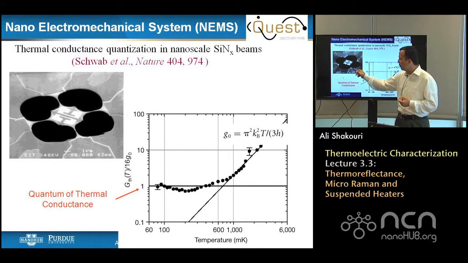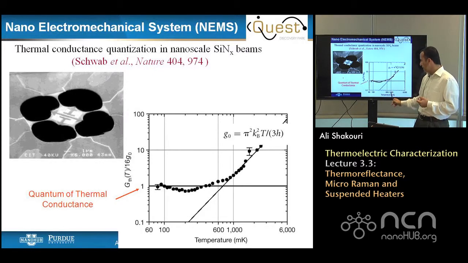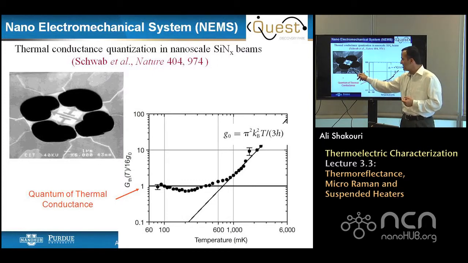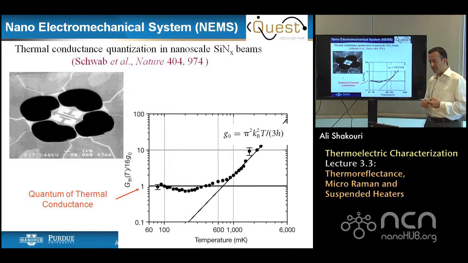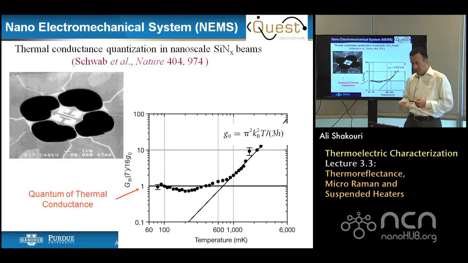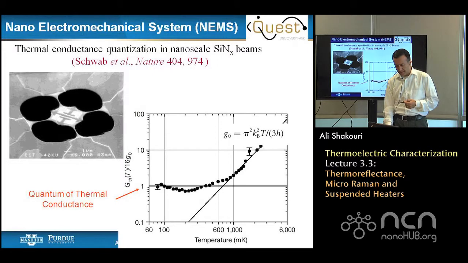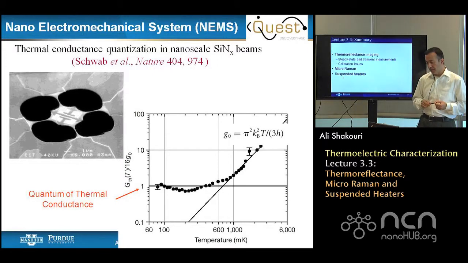But by making a suspended platform that are connected but very small thermal bridges, they are able at very low temperatures below 1 Kelvin to observe that the heat that is flowing through this is quantized, and this is given by the quantum of the thermal conductance. So this is kind of one of the key advances that allowed us to measure such precise temperatures.